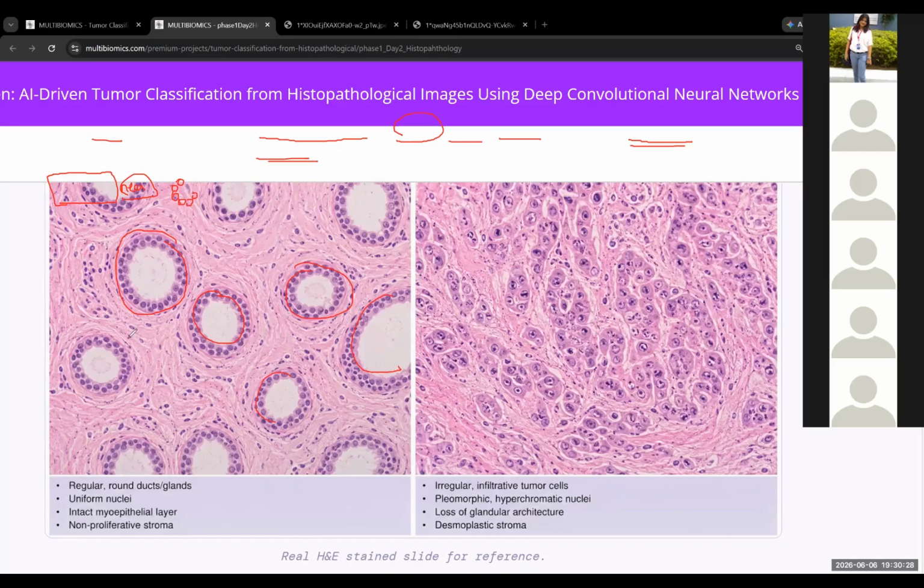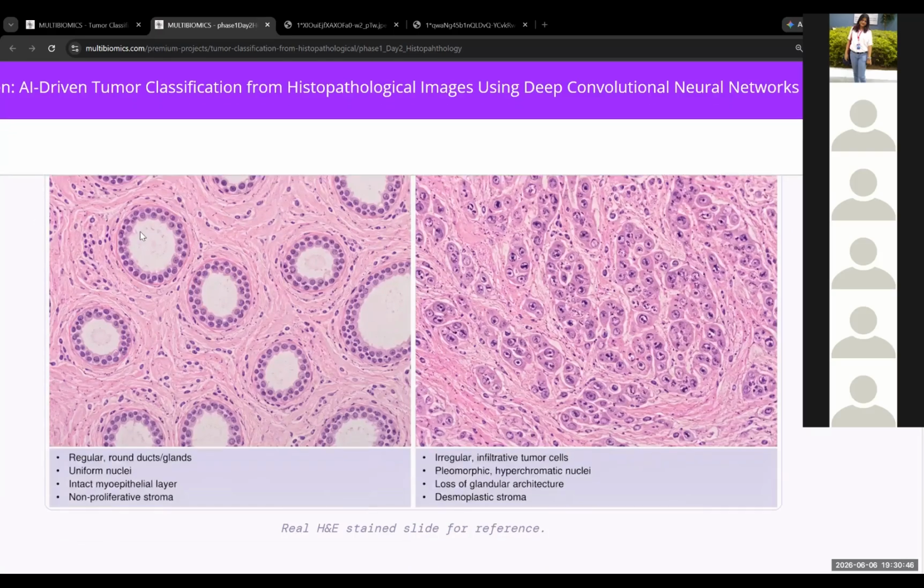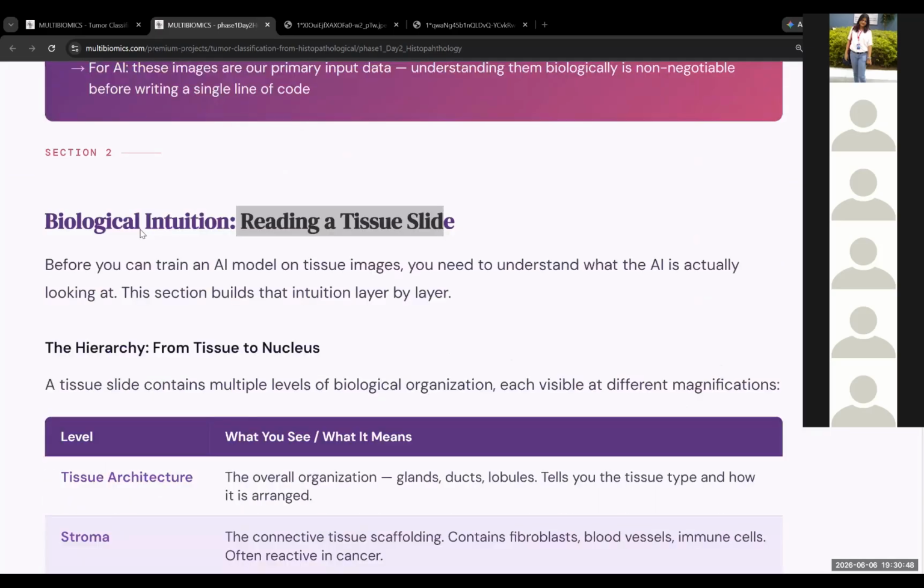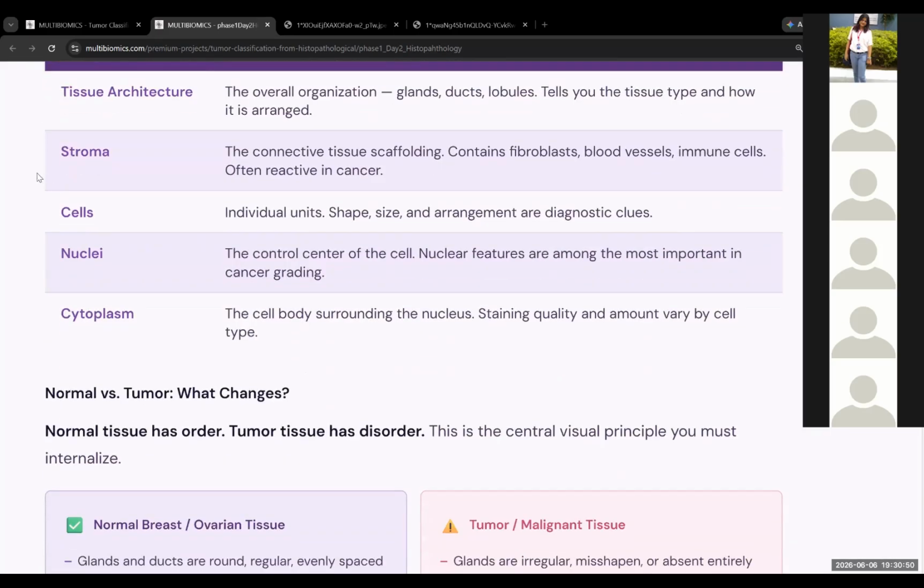Any secretion happens from these glands, and you can see these connecting tissues, these are known as stroma. So the computer vision, the AI, must also look at the stroma, not only the gland pattern or the bigger tissue architecture. It must also have a look at stroma. Why, I'll tell you later.